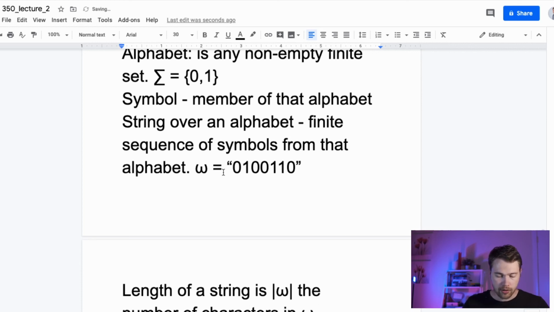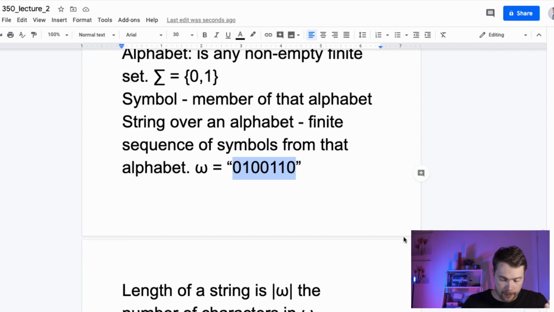So let's say we have this string, 0, 1, 0, 0, 1, 1, 0, that would be string omega. The length of the string omega would be the number of characters we have there: 1, 2, 3, 4, 5, 6, 7. It's similar to the number of elements in an array, the length of the array. How many elements do you have in the array? Like 7, right? So the length is 7.